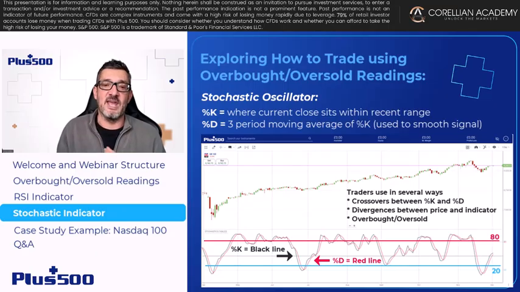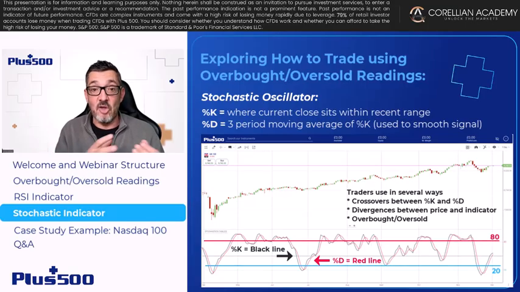Now, traders use stochastics in several ways: crossovers between the percentage K and percentage D lines, divergences between price and the indicator, and of course, whether the indicator is sitting in overbought or oversold zones.